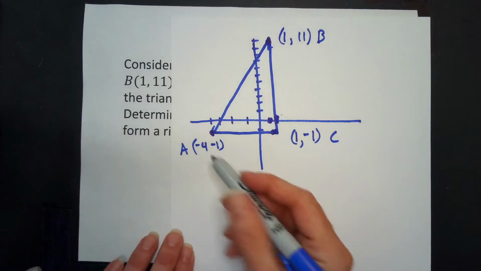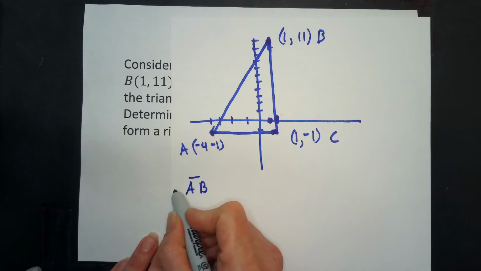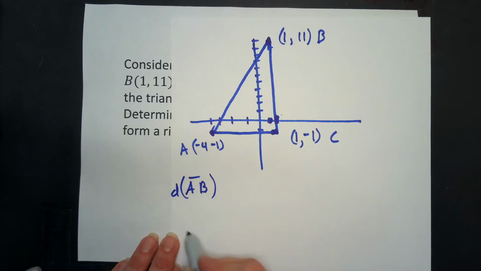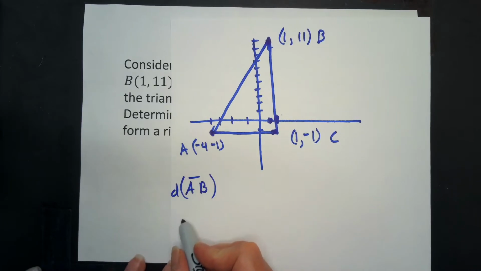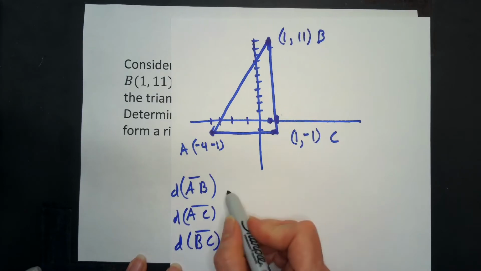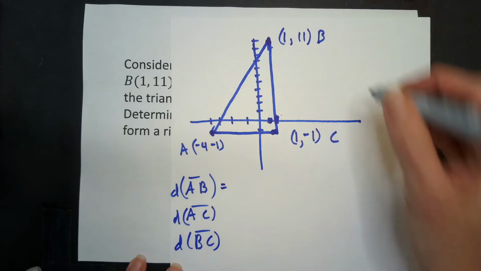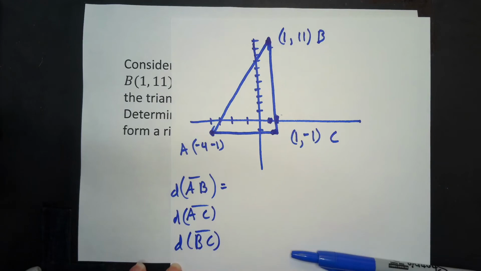I need to find the distance between A and B, the A, B line segment. I need to find the distance between A and C. And then I need to find the distance between B and C. All right, so let's start out with A, B first. So let's write our formula over here so we don't forget it.